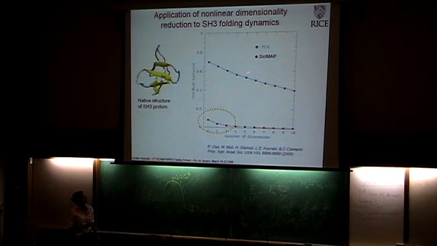And this is the application of this idea to the folding of SH3, the landscape I presented yesterday. If you take all the points, overall we took something like 6 million structures sampled through multiple folding and unfolding simulations for this protein, and we use this method. This is what we obtain.